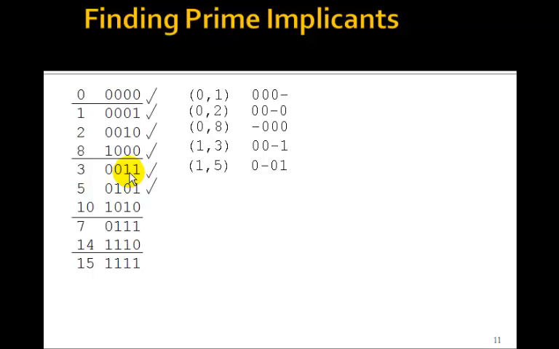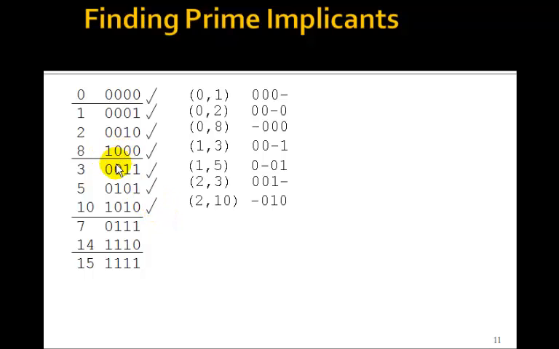0, 0, 1, dash, 2 and 3. They're already checked off. How about 2 and 5? Nope, too many flipping. How about 2 and 10? Dash, 0, 1, 0. Looks like 2 and 10, dash, 0, 1, 0. Check off the 10.